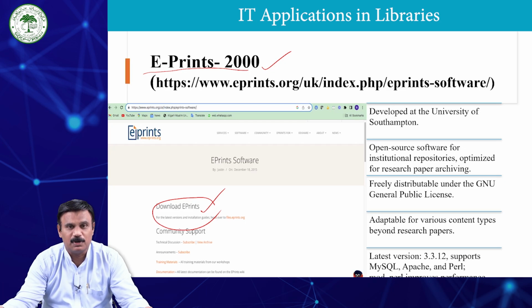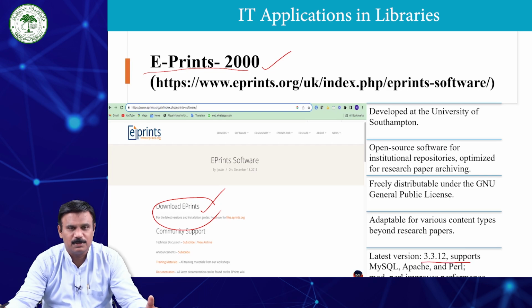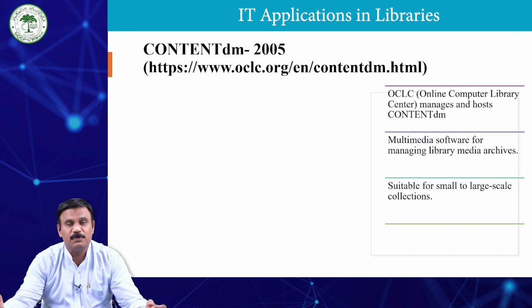It can also be used for archiving our research articles, and EPrints is freely distributed under the GNU General Public License and adaptable for various content types beyond research papers. The latest version is 3.3.12, which supports MySQL, Apache and Perl.